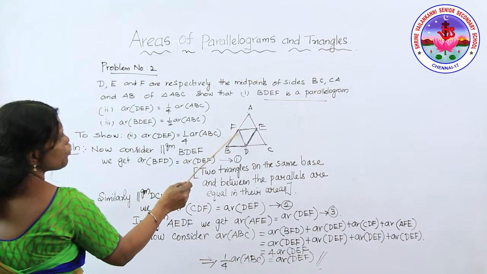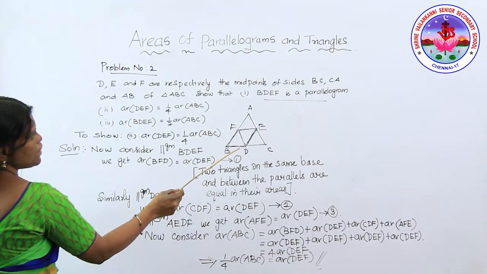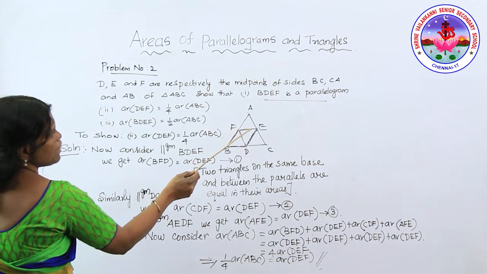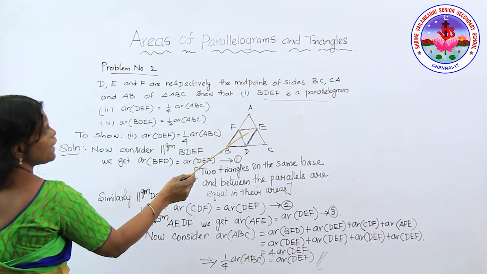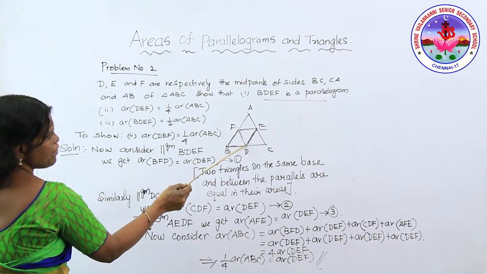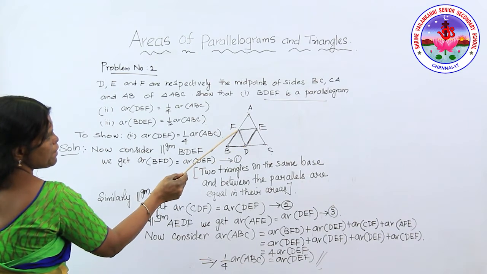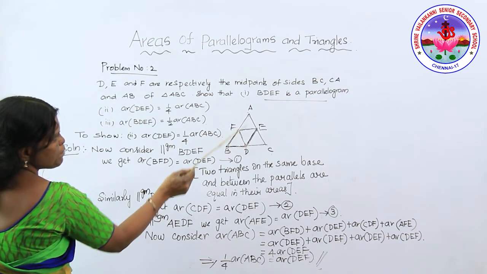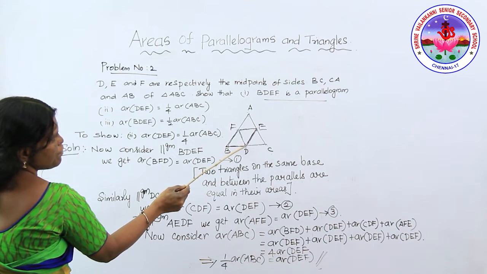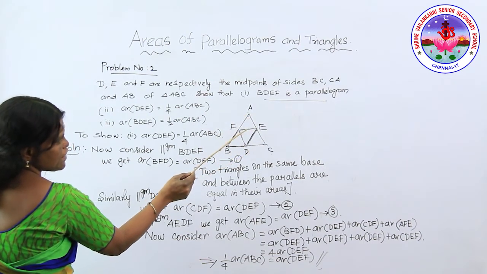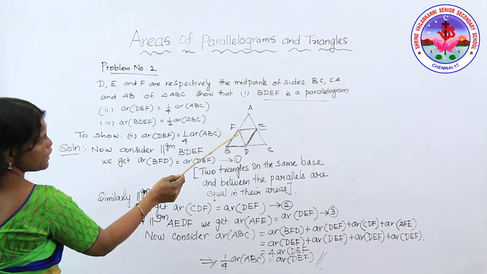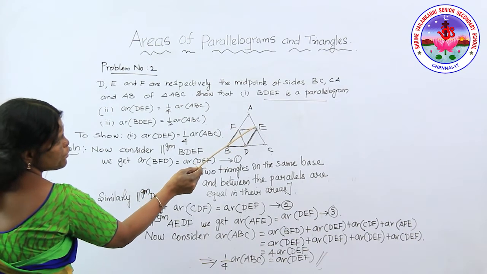Now if you go for this parallelogram DCEF, in the same case we know that D and F are the midpoints. So by the midpoint theorem, DF is parallel to AC and DF is equal to half of AC. The same process as we followed here, we get DF is parallel to CE and DF is equal to CE.